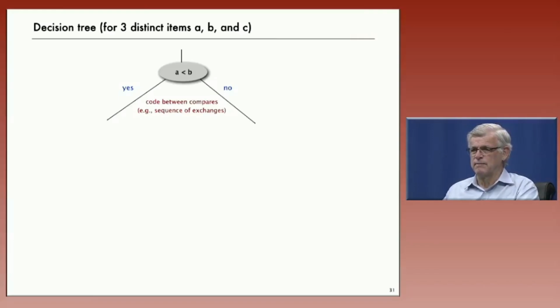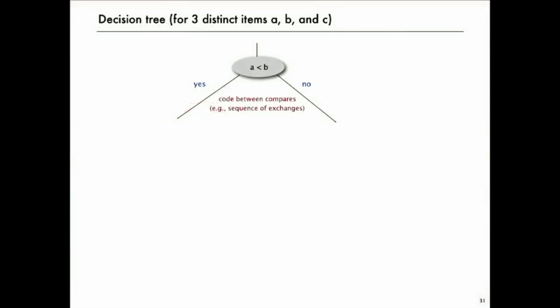Let's say they're distinct. And there'll be some code between the compares, but either way, then there's going to be a different compare. If A is less than B, maybe the next compare is B against C. And if you find that B is less than C and A is less than B, then any algorithm that does that knows that the items are in the order A, B, C.